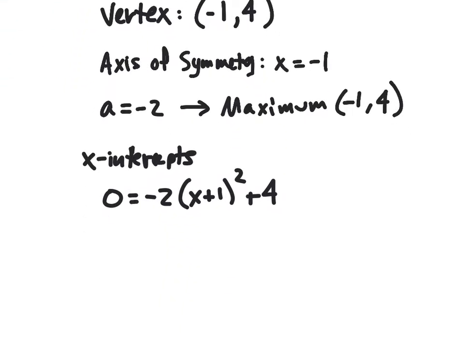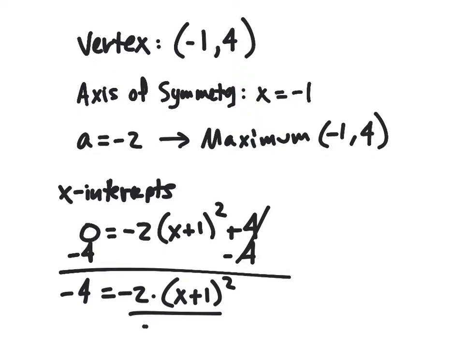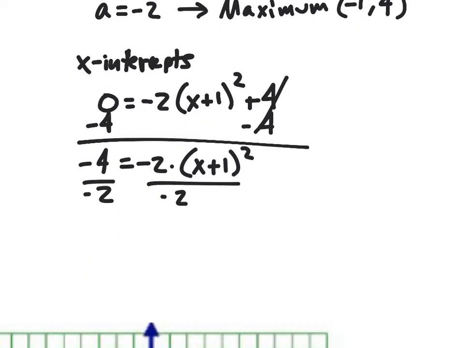Now I'm going to isolate my binomial here. I'm going to subtract 4 from both sides, and I get -4 is equal to -2 times the quantity x plus 1 squared. I'm going to divide everything by -2, so I get that 2 is equal to x plus 1 squared.